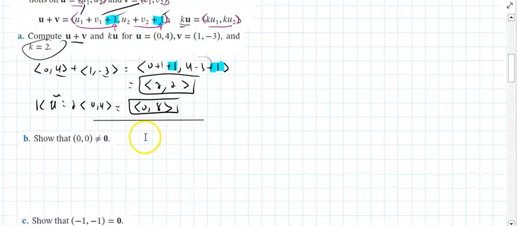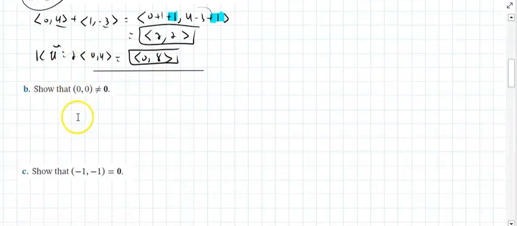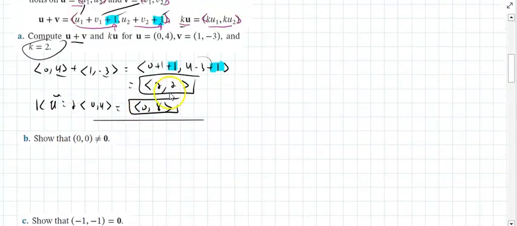So in this case, show that 0, 0 is not 0. Well, let's see what that means. According to what we have, if we take 0, 0 and add it to U or V, it doesn't matter. So let's say in this case we add it to v1, v2.